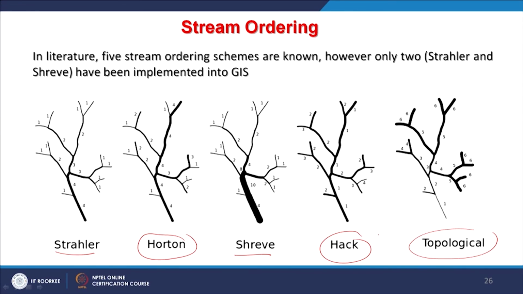So in literature you may find 5 stream ordering schemes are known. However, as I have mentioned, in software only either Strahler or Shreve or both have been implemented, not many. Personally, my choice is for the Shreve method, which I find very simple. After all, we have to give some order. So let us take a very simple example.